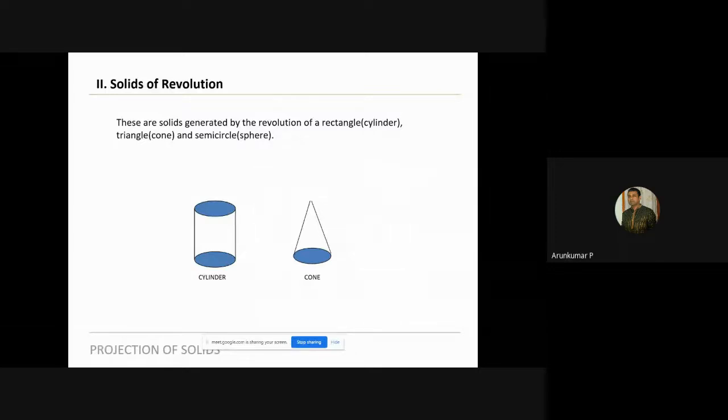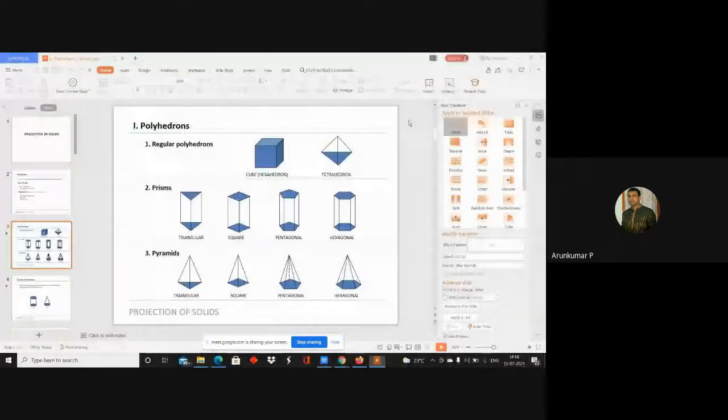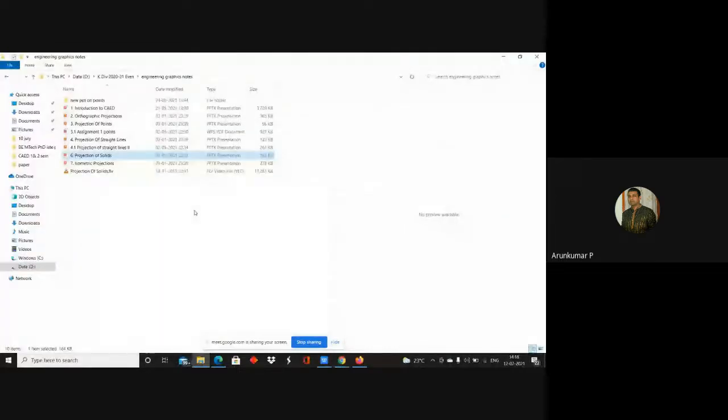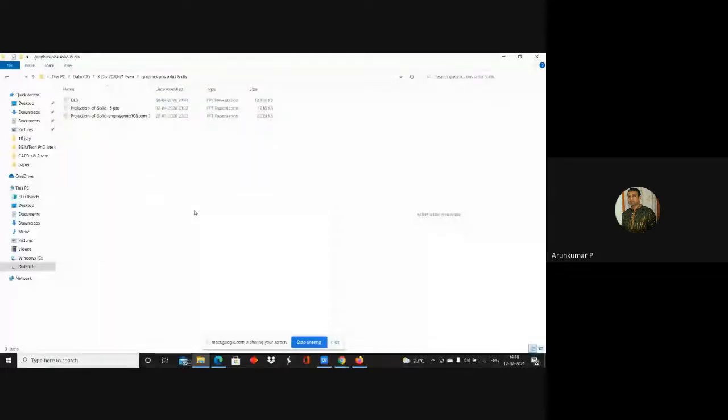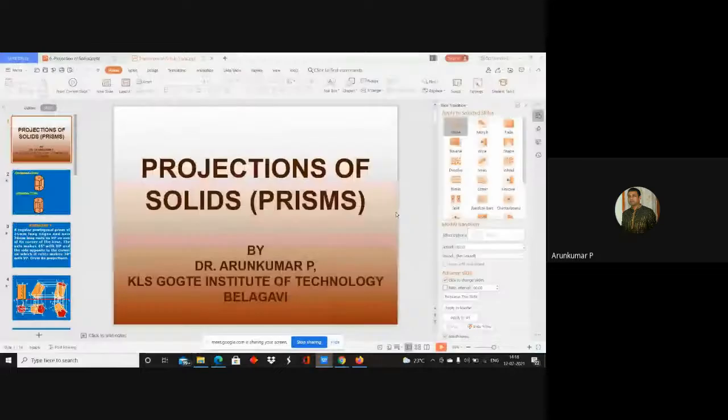They are solids of revolution because they have smooth curved surfaces, and to give you a background of that, let me go to this presentation.